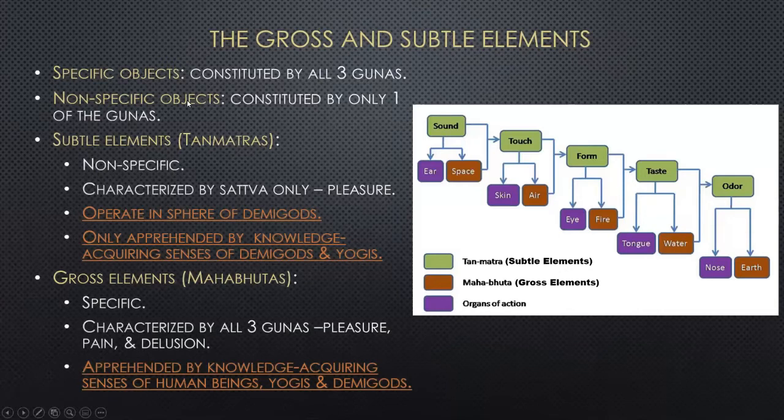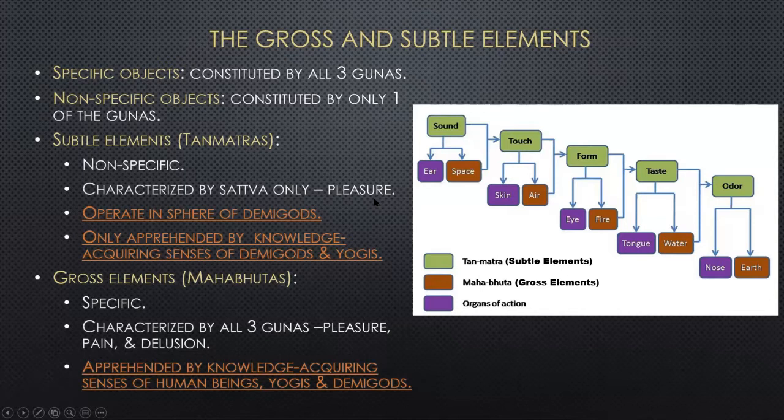While the non-specific objects are said to be constituted only by one of the gunas. And these tanmatras, these subtle elements, sound, touch, form, taste, and odor, are said to be non-specific. That means that they are constituted by only one of the gunas. Which guna? Sattva only. And because of that, these subtle elements give only pleasure.